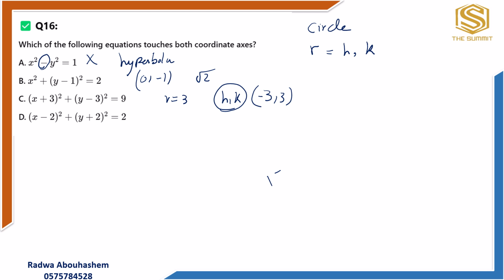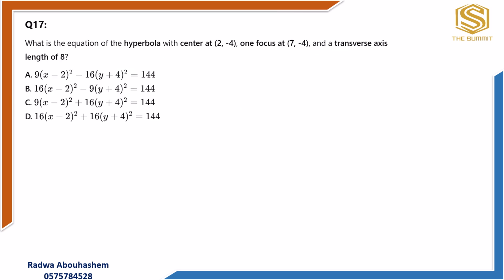Okay, that's good. For this one, r is root 2, and you have 2 and negative 2. It doesn't match. So the only choice here is C.